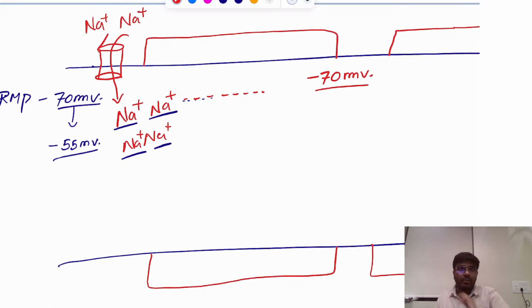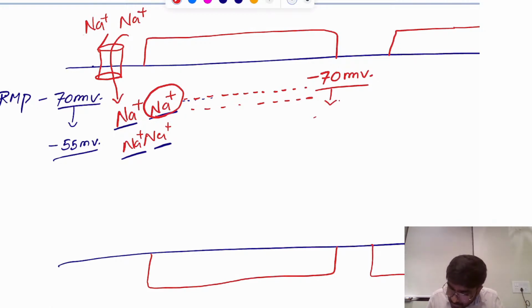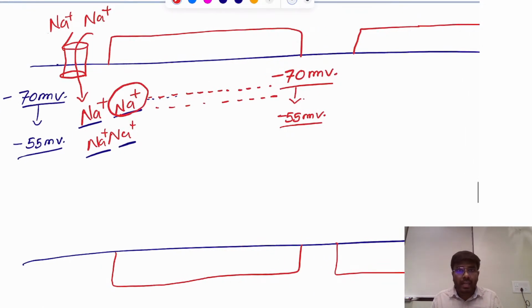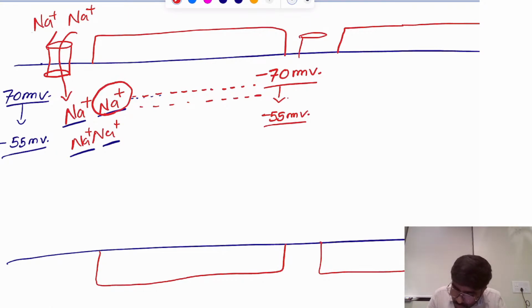Due to the movement of the sodium ions, the surrounding area goes from minus 70 to minus 55 millivolts. Immediately, voltage gated sodium channels in this area will start to open, and a lot of sodium comes into the cell here also.